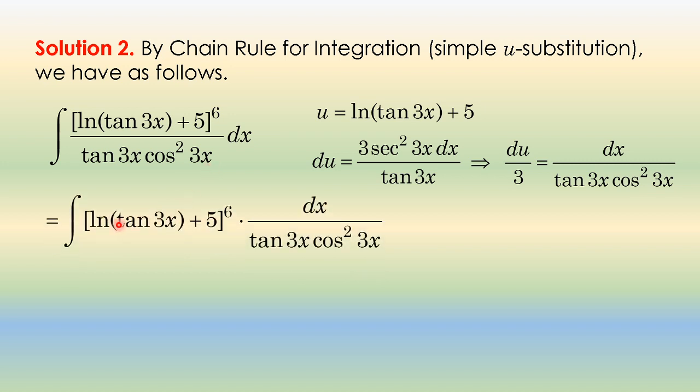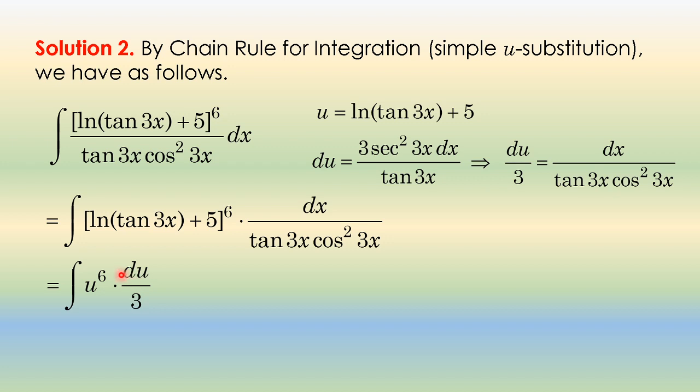So this expression is u, this is n, and this is supposed to be du over 3. In terms of u, we have the integral of u to the 6 times du over 3.